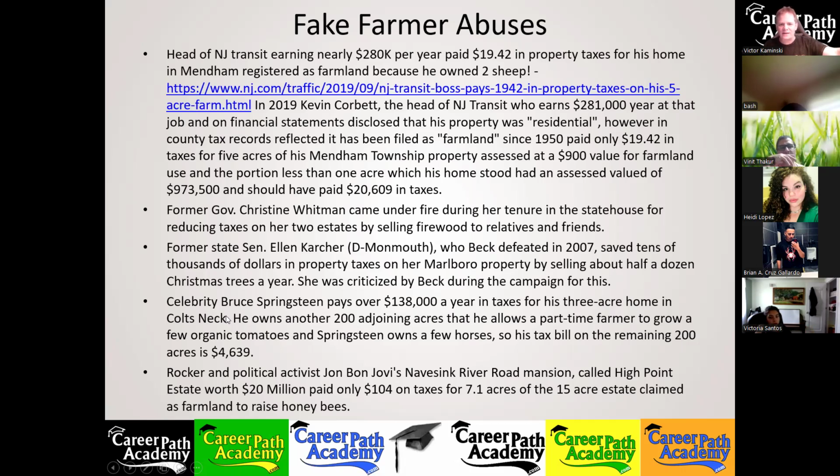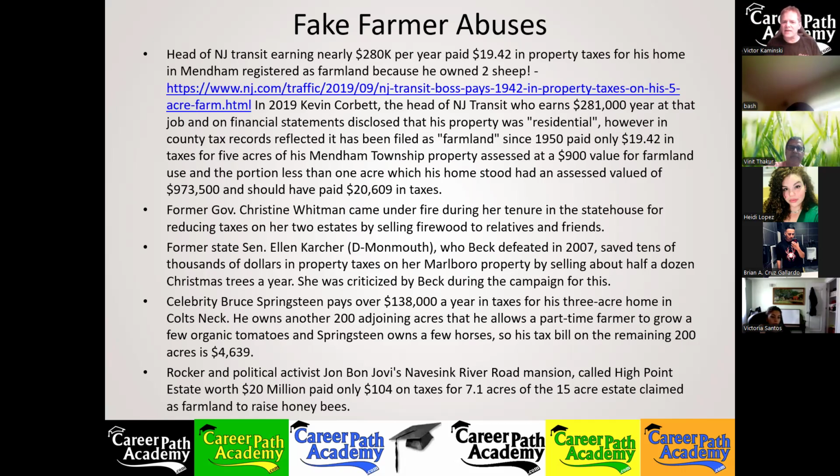But attached to that land, he owns an additional 200 acres where he could take his horse out and trot and do whatever. So he owns 200 acres of land.